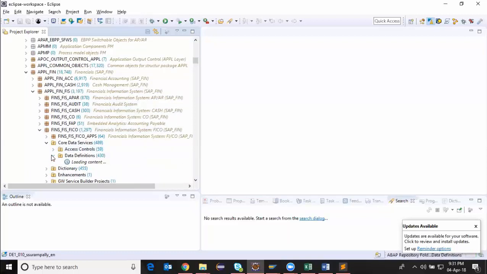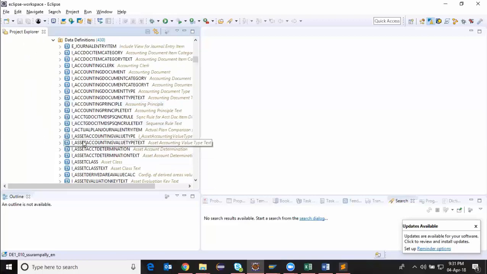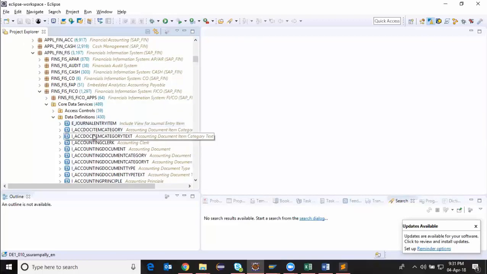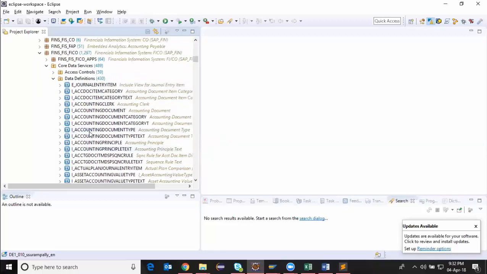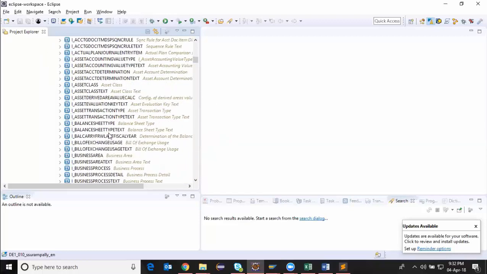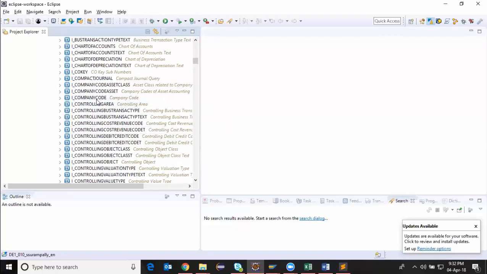If I do the data definition, I can see 430 are views and 59 are access controls for security purposes. And dictionary objects are from your ABAP layer. So for data definitions, the view can start with either E, I, or C. I is intermediate, and finally C is the consuming view. So this is the standard content that they have given.